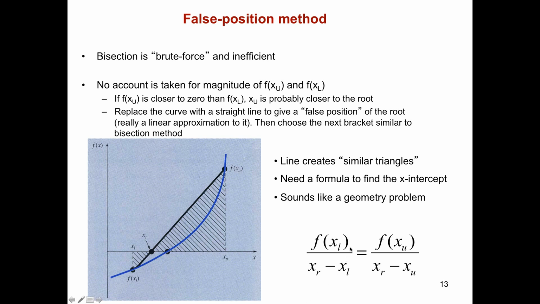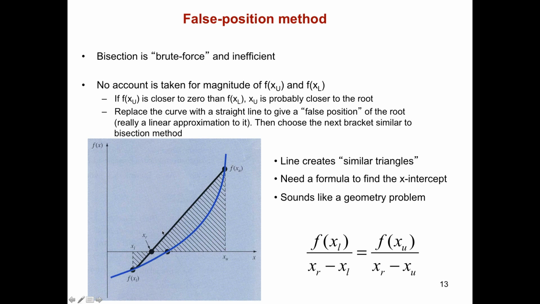One way to do that, to get a linear estimate, is this: I don't know necessarily what my function is and where the root is, because if I knew I wouldn't be searching for it, but I can approximate this function as a linear function between these 2 points.